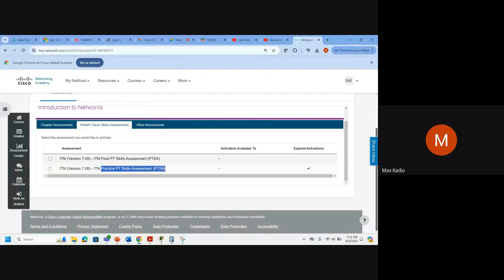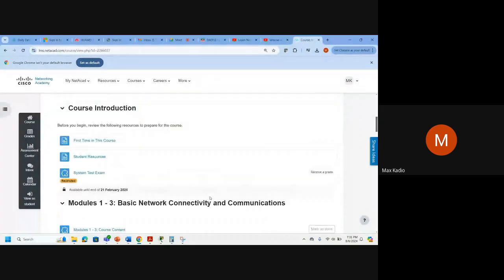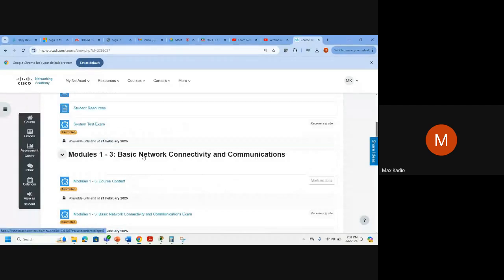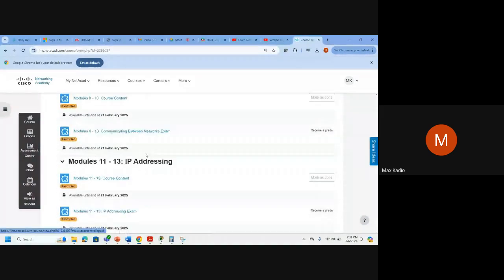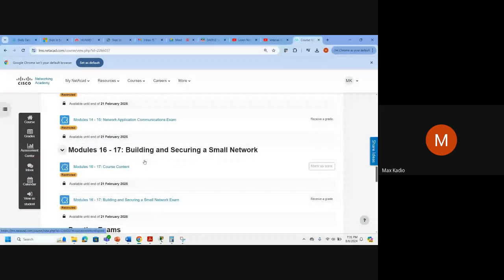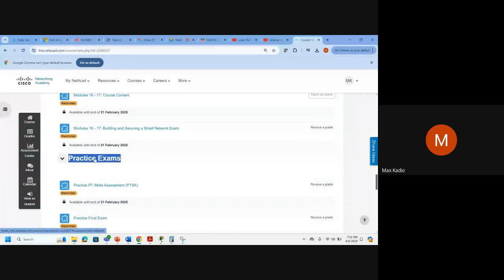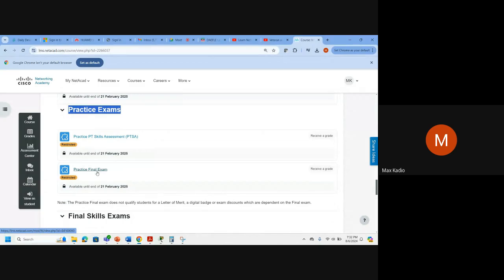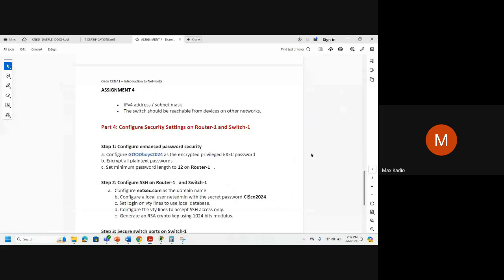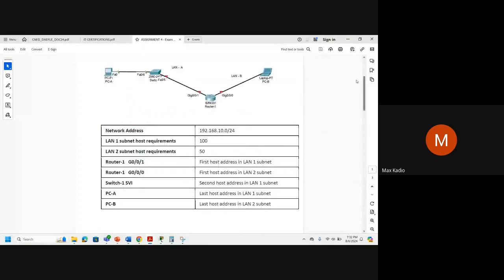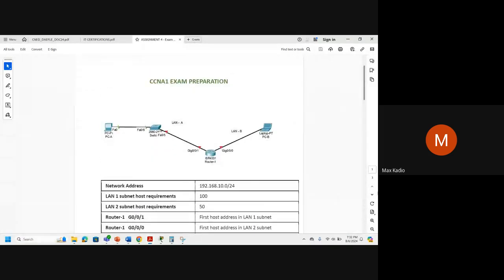This one is to prepare. You can do it many times. So it's a Packet Tracer exam, but just for you to get prepared for the final exam. That's all. So you can find it here. You see practice exam, practice, and you can do this one. It's like the quiz to prepare you for the final exam. And practice Packet Tracer is to prepare you for the Packet Tracer exam. A Packet Tracer exam is something like that. They give you something, and you need to do the configs.